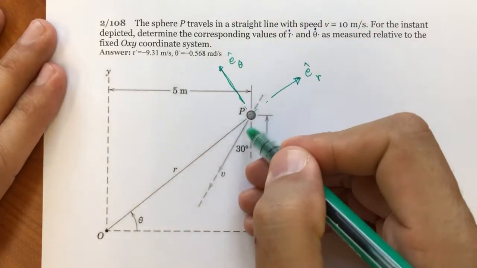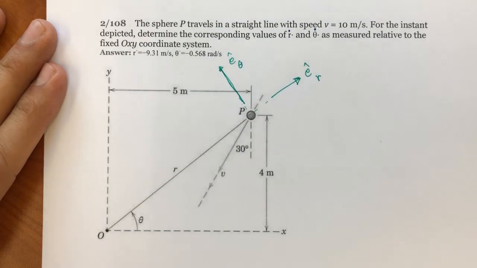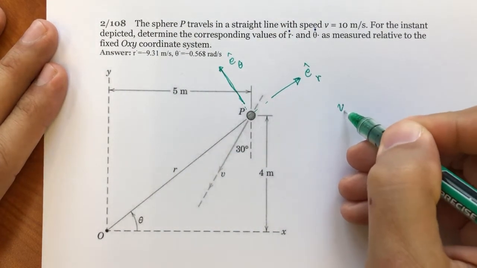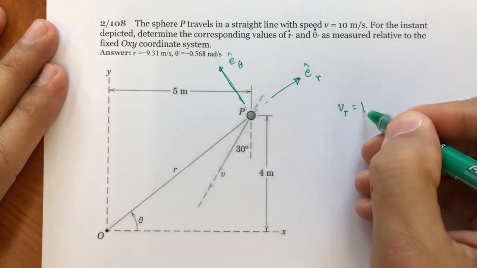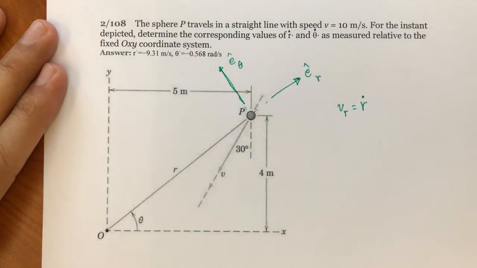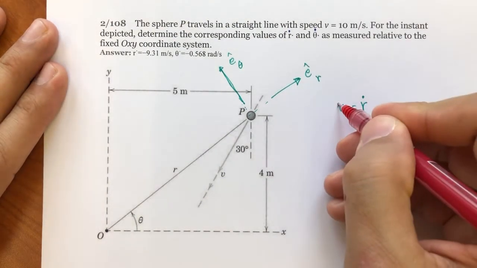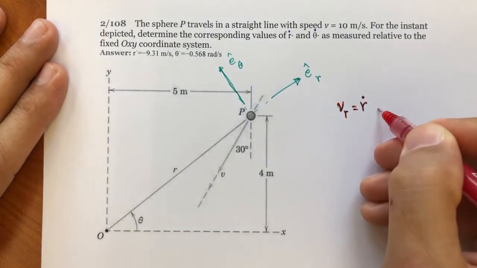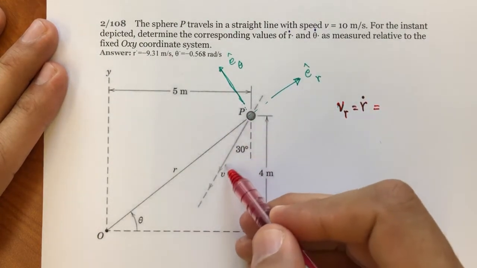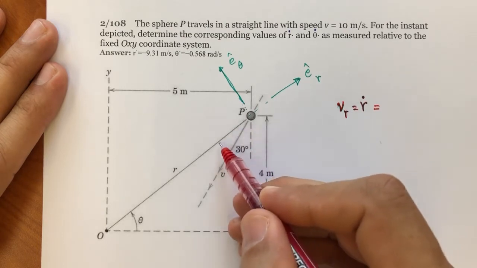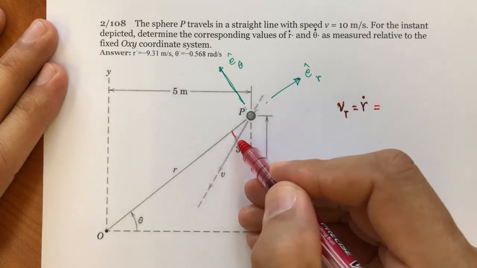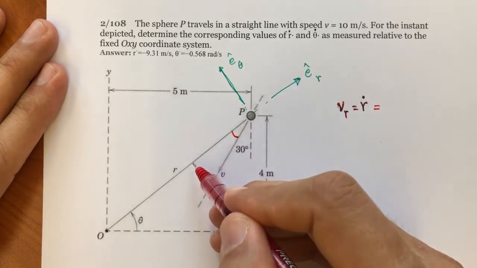And also, the actual velocity is this one. So, based on polar coordinates, velocity in the radial direction is equal to r dot. And the component of the velocity here in the radial direction is gonna be this v, 10 meters per second, times cosine of this angle in the negative direction.